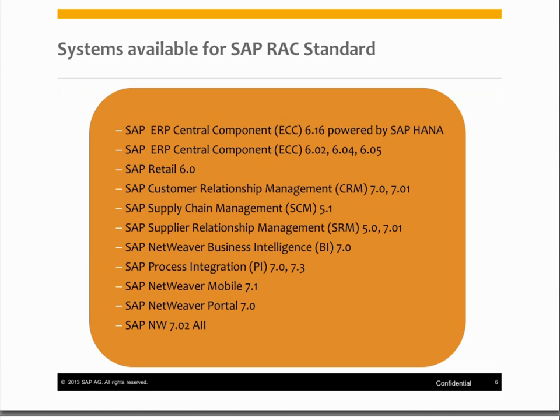Also, especially for ERP, there is a version available powered by SAP HANA. For getting access to this very latest version, we have a special introduction price that I will outline later in this presentation. Also available are the main NetWeaver components.